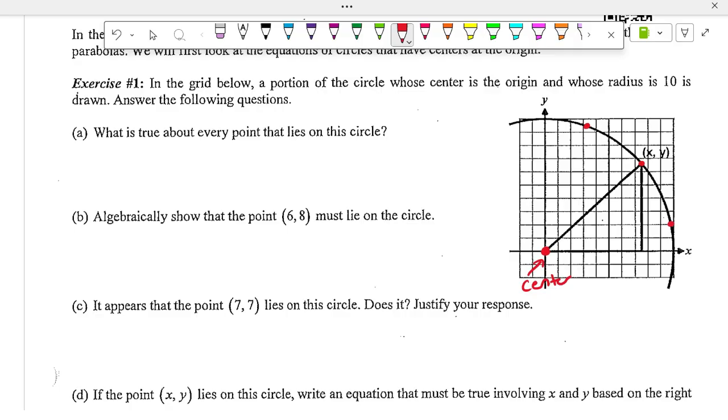If I drew lines to the center point, what would be true about all of those lines? They would be the same. Why? Well, think about it in terms of a circle. What would that segment be in a circle?